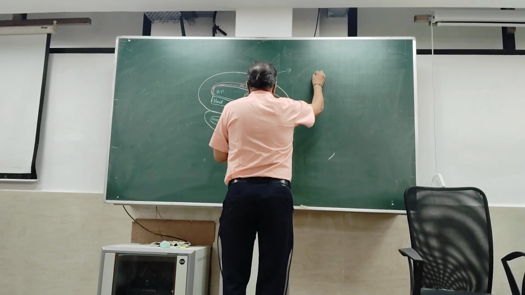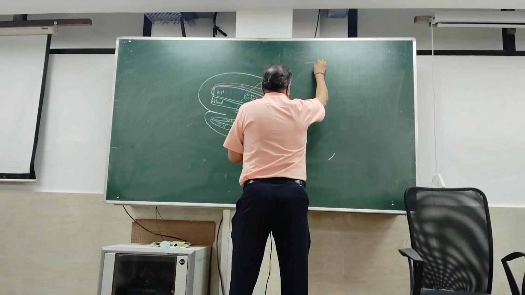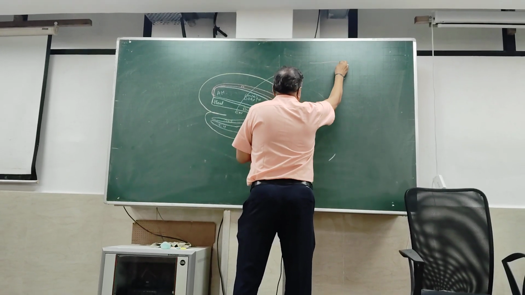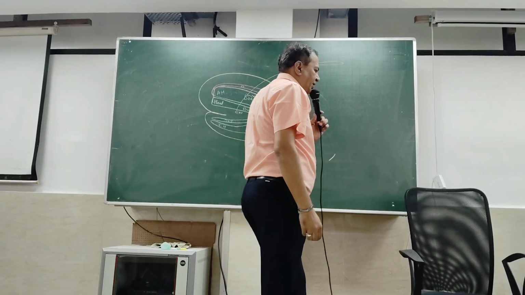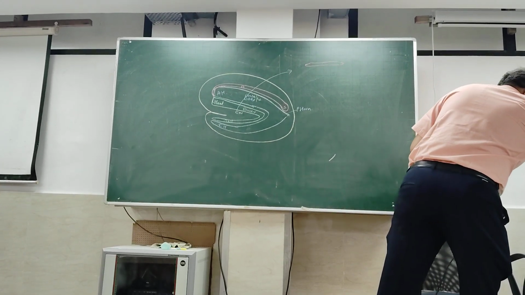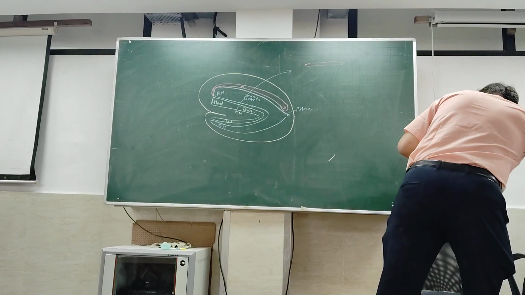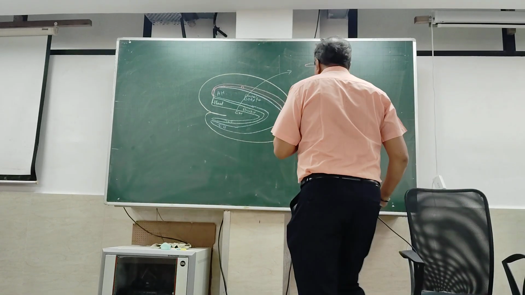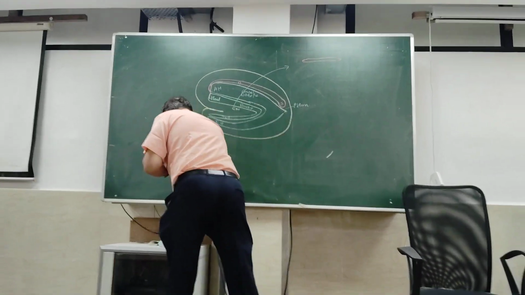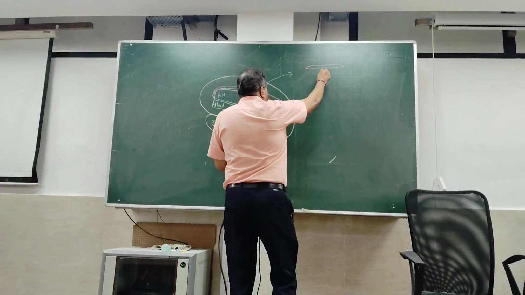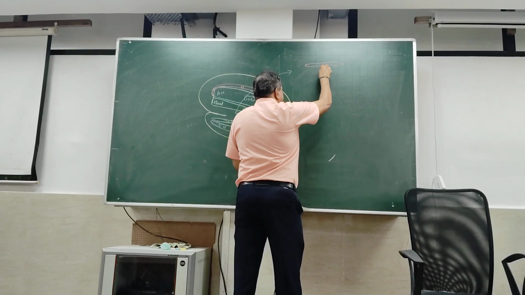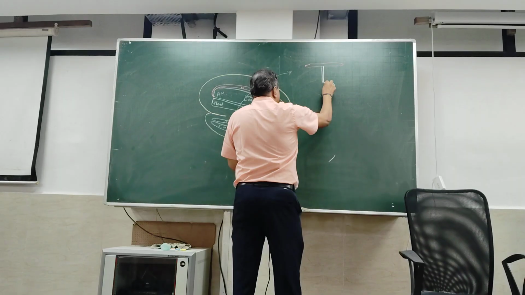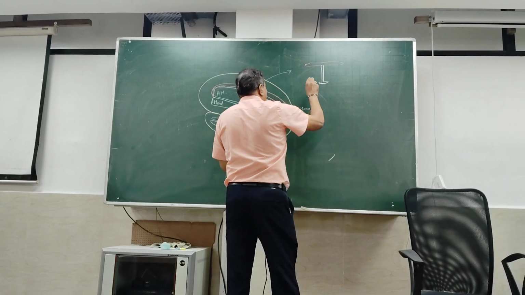In the body, the roof will be formed by, tell me, corpus callosum. In between the two lateral ventricles, there is a septum called the septum pellucidum.